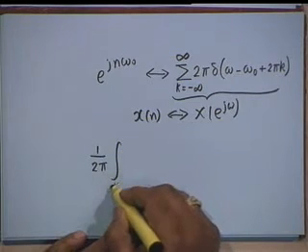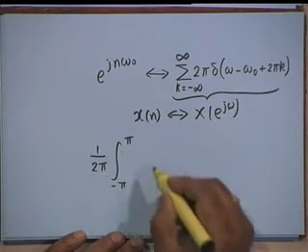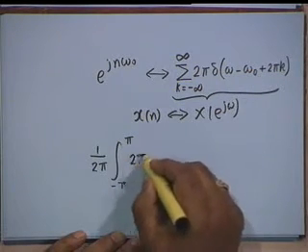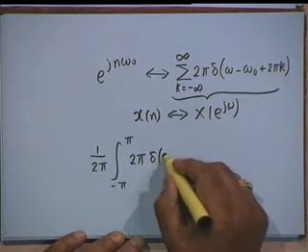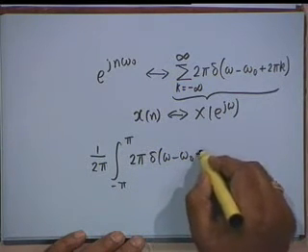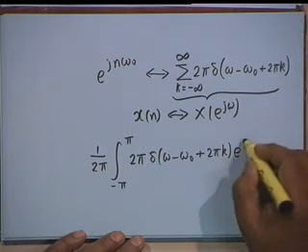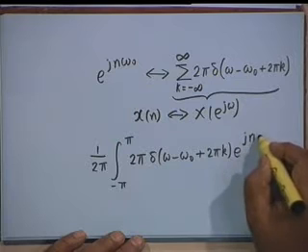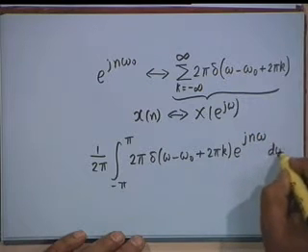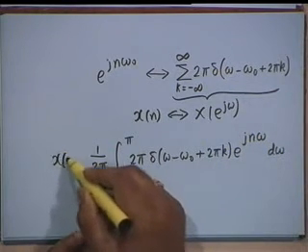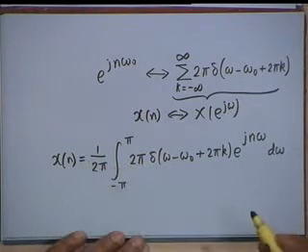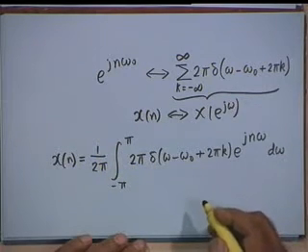1 by 2 pi integral minus pi to pi, 2 pi delta omega minus omega 0 plus 2 pi k, e to the power j n omega, d omega. This is x of n. Agreed?